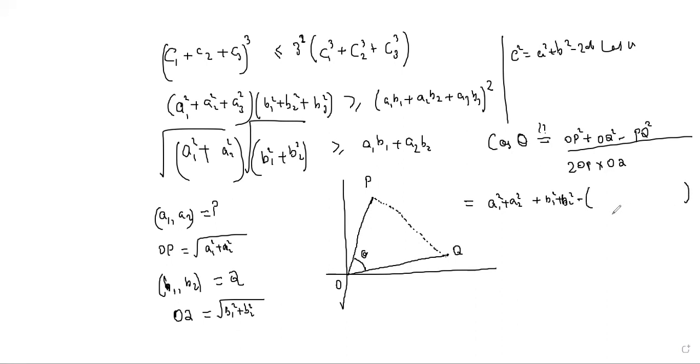You know P and Q the points, so you can just use the distance. Yes, right? So if you do the expansion, yeah, that's exactly that. Like this, and then you have a2 square plus b2 square minus 2a1 b1, right?